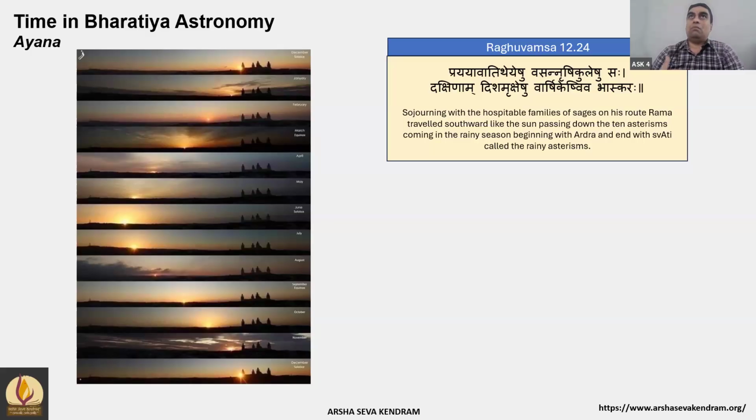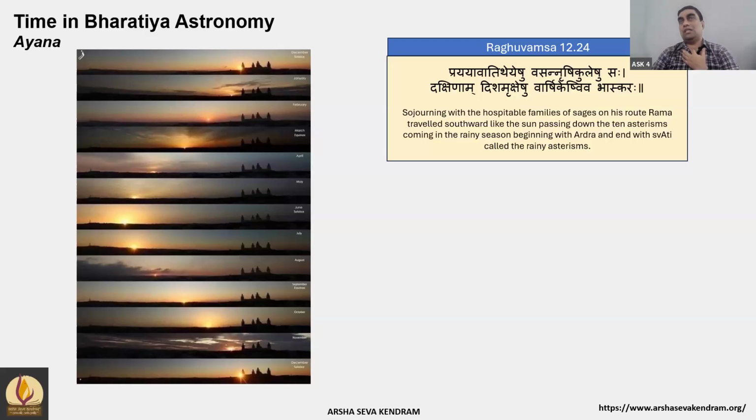And the sun traverses 10 nakshatras, starting from Ardra to Swati, which covers nakshatras such as Ardra, Punarvasu, Pushya, Ashlesha, Magha, the Falguni nakshatras, Hasta, Chitra, and then Swati. Across these 10 nakshatras is the extent of the rainy season. So when the sun leaves Swati, the rainy season is supposed to end, right?